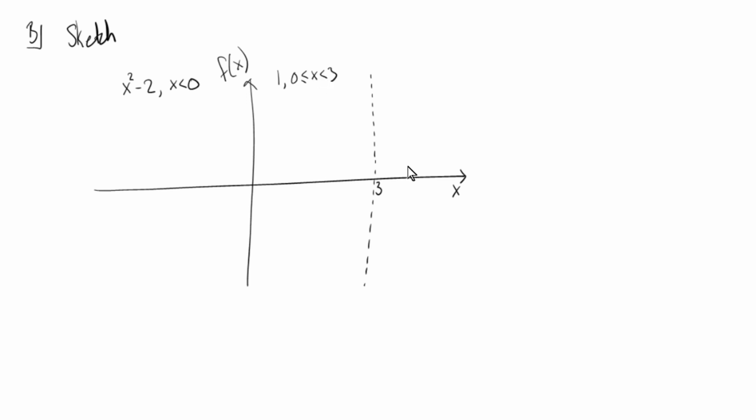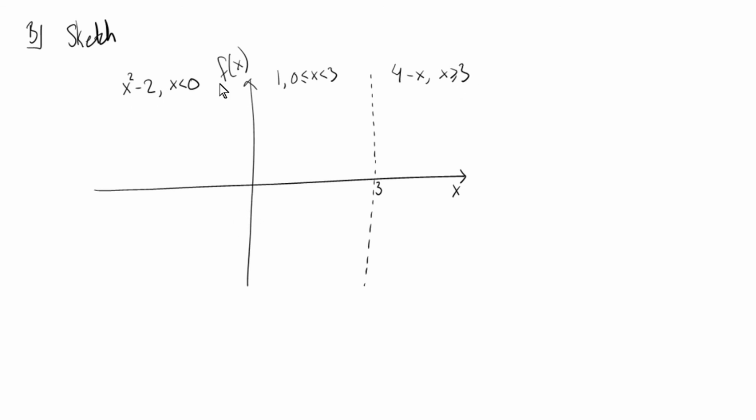And then finally we have the part of the function that's defined above x equals 3, so x greater or equal to 3, and the function is defined as 4 minus x when x is greater or equal to 3. So now we're going to sketch it.